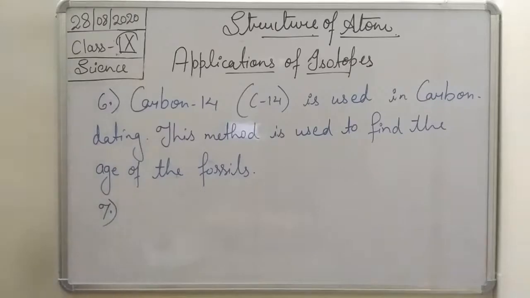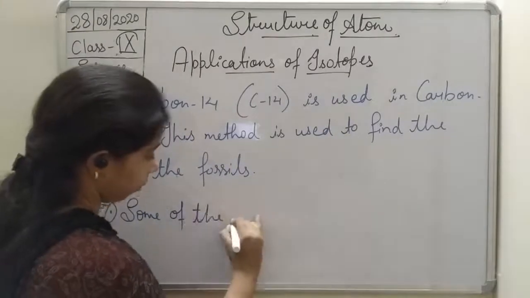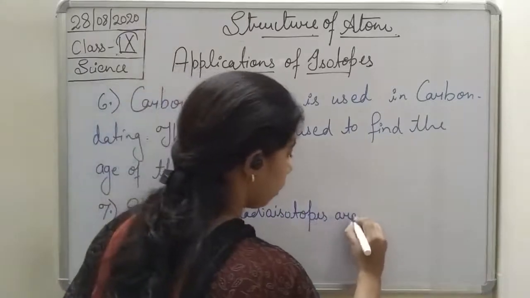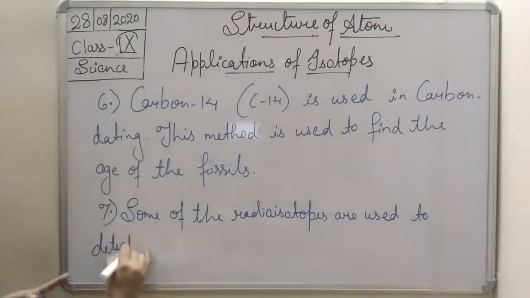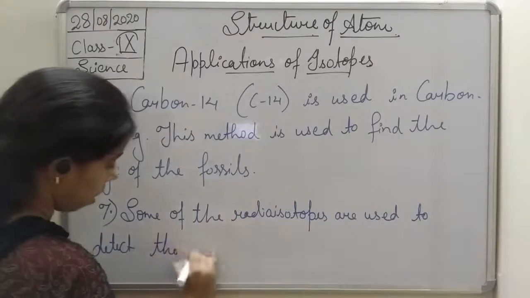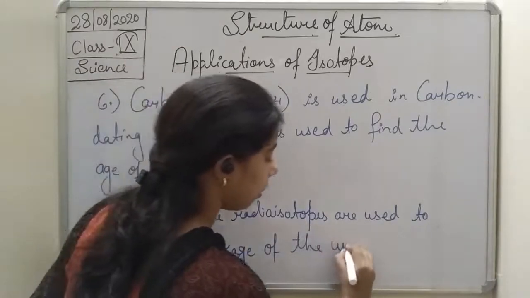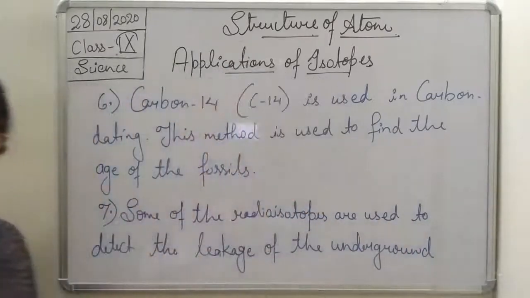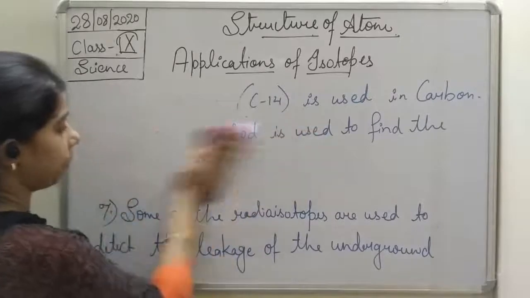So we can write it: some radioisotopes are used to detect the leakage of underground oil pipes, gas pipes or water pipes.